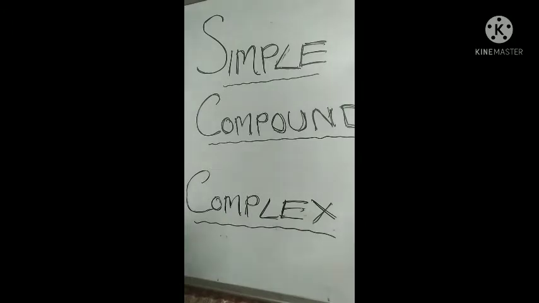How can we recognize that it is a simple sentence? I am giving you some words to recognize it. It can contain punctuation such as commas, exclamation marks and question marks at the end of the sentence.